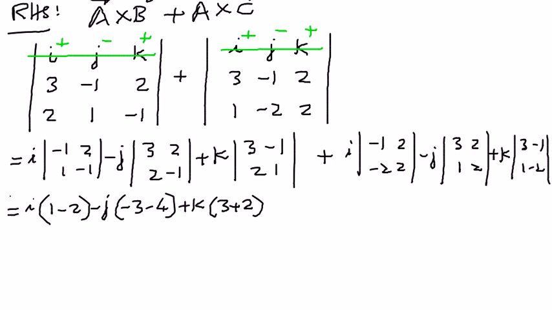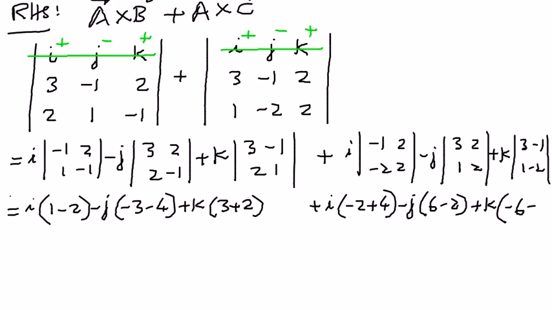Then in here we have plus I times negative 1 times 2 is negative 2, then minus 2 times 2 is 4, like that, minus J times 3 times 2 is 6, minus 1 times 2 is 2, plus K times 3 times negative 2 is negative 6, then 1 times negative 1 is negative 1, times negative will be positive 1.